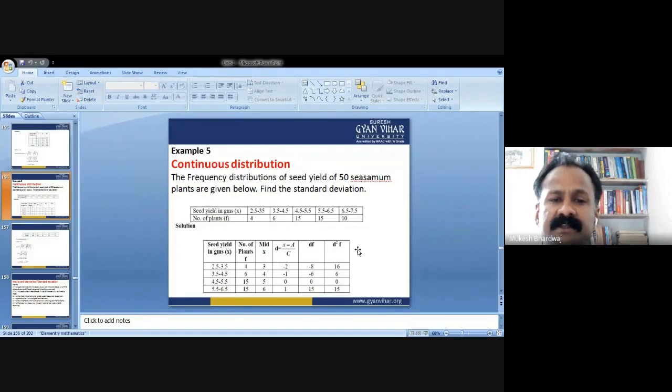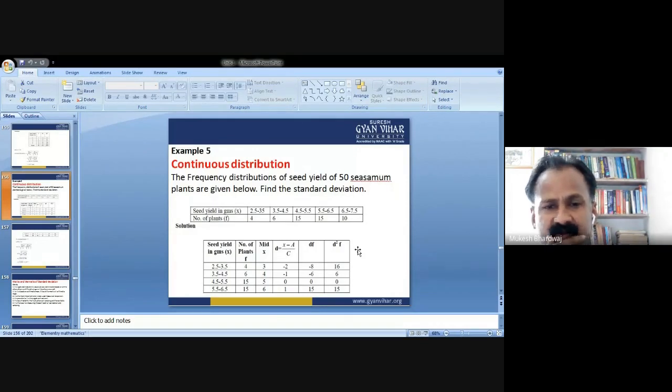So seed yield in grams in the range of 2.5 to 3.5, 3.5 to 4.5, 4.5 to 5.5, 5.5 to 6.5, 6.5 to 7.5. And in this class range, these are the frequencies or the number of plants given to you. So we need to find out the standard deviation for this continuous distribution or class distribution data.